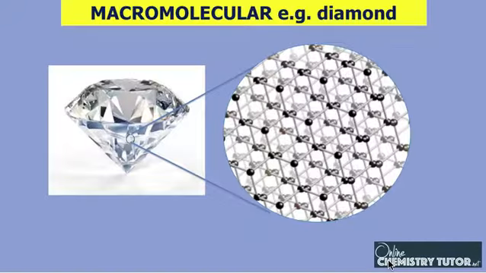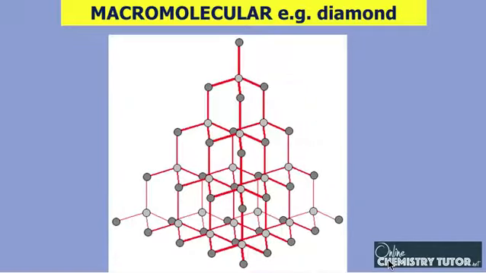Diamond is another classic example of a macromolecule. Worth pointing out, macromolecule is a little bit misleading. They are not molecules as such; they are potentially infinite. They could, in actual fact, go on forever. In the case of diamond, it's made of carbon atoms that are tetrahedrally bonded to each other.